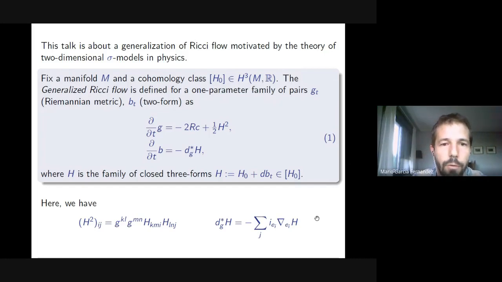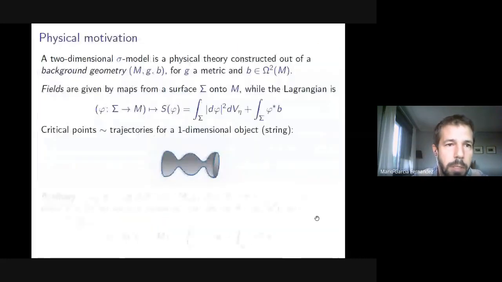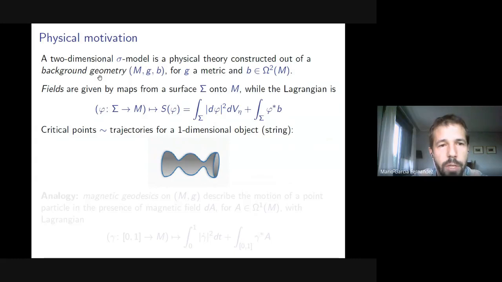Okay. So how do these things appear in physics? What is a two-dimensional sigma model? This is a physical theory that you construct out of some background geometry, which is given by a manifold, a metric, which I'm going to assume is Riemannian, and a two-form.